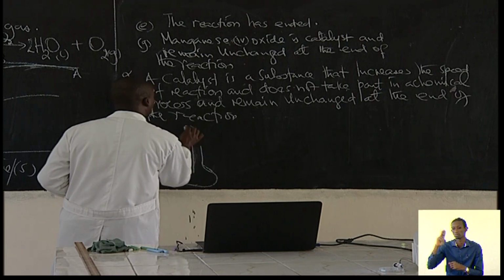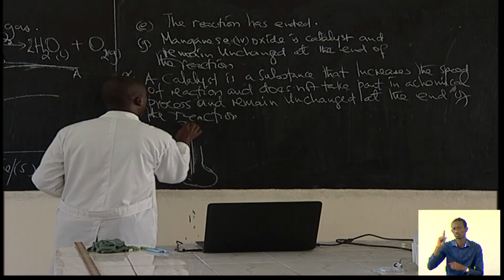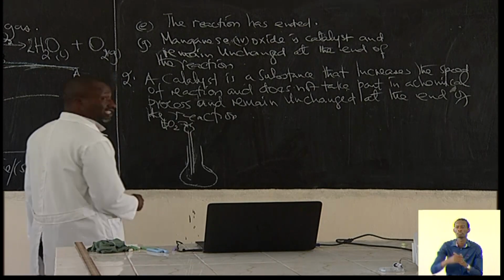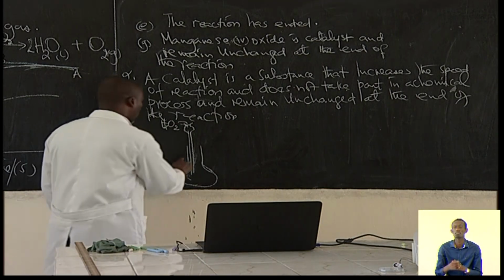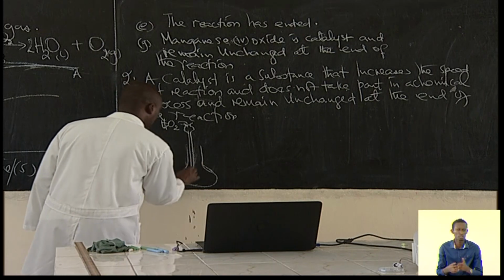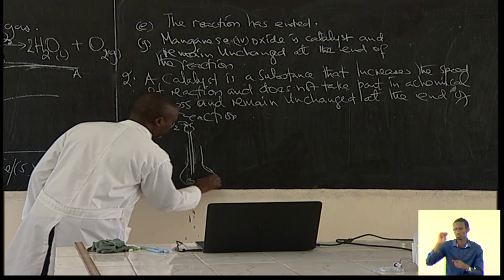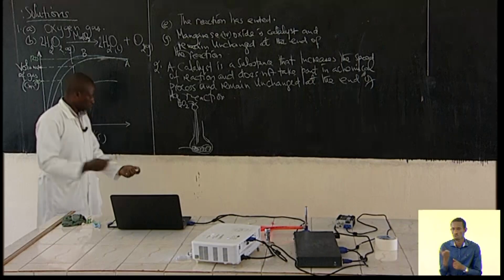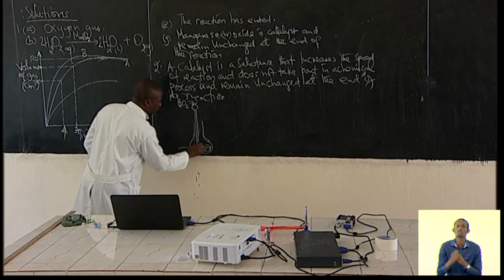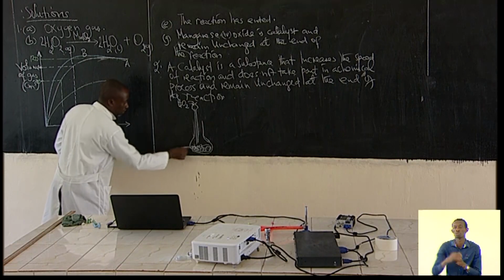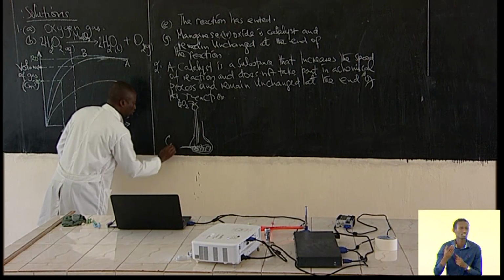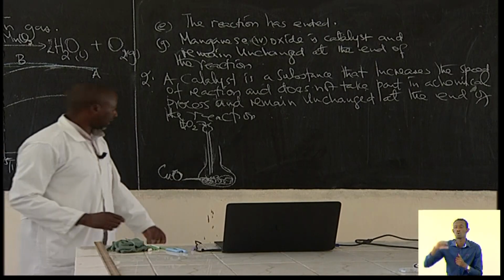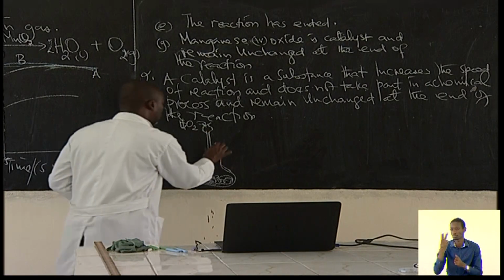I usually forget, because manganese IV oxide is the most common one. So this is copper II oxide, we said this is a catalyst, and you are adding hydrogen peroxide.